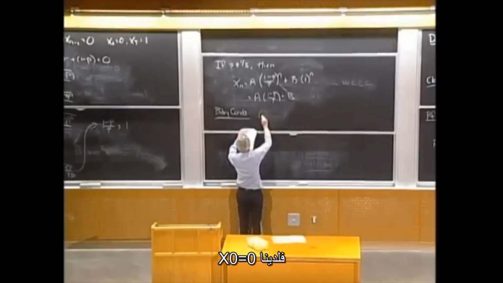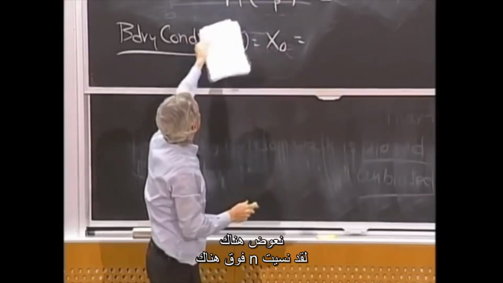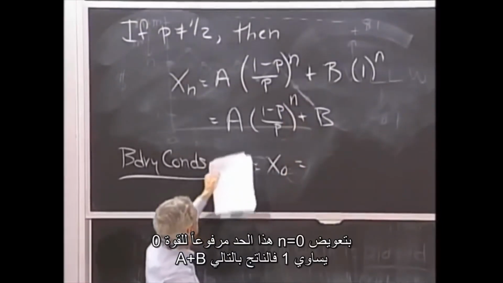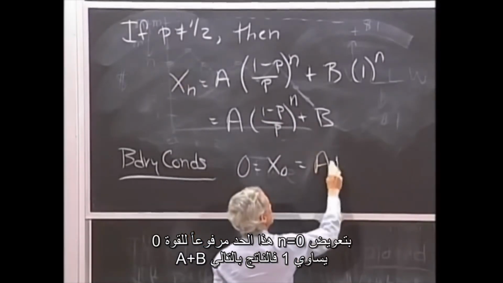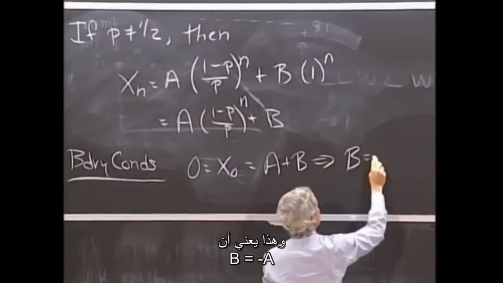So we have 0 equals x_0. Plugging in there, oops, I forgot the n up here. Plugging in n equals 0, well, this to the 0 is just 1. That is a plus b. That means that b equals minus a.